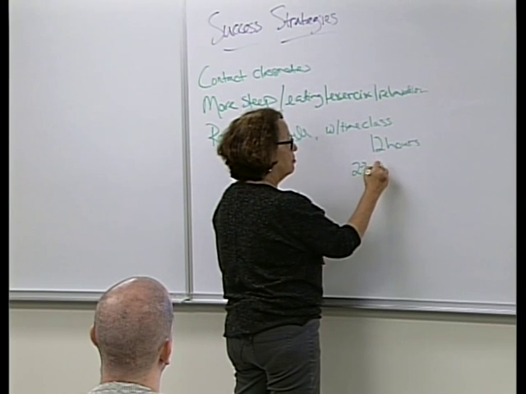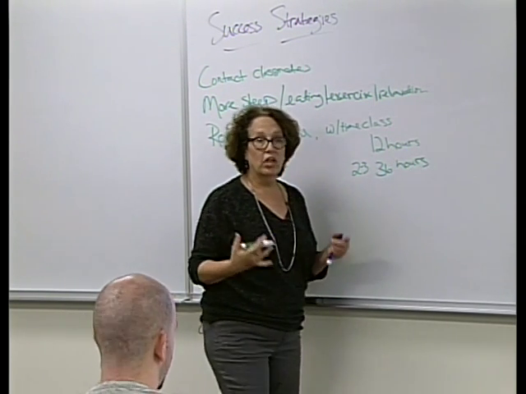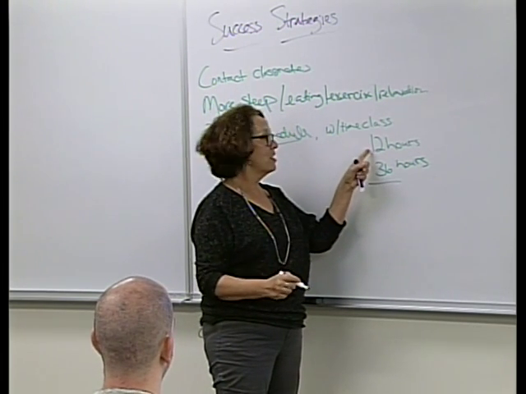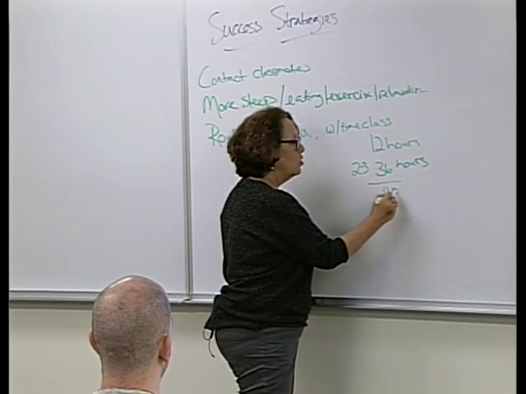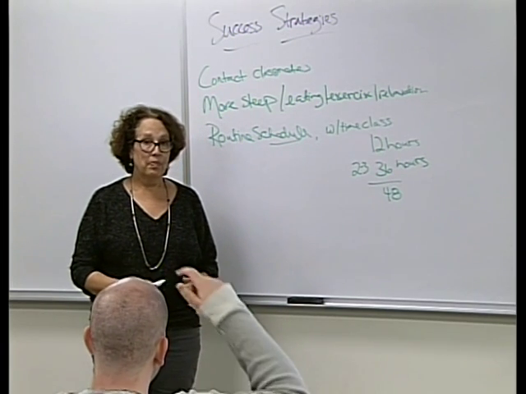So that's 36 hours to be able to do the work and do well. If you put this time in, and it's really important to be in class, you will do well. You will meet academic progress standards.